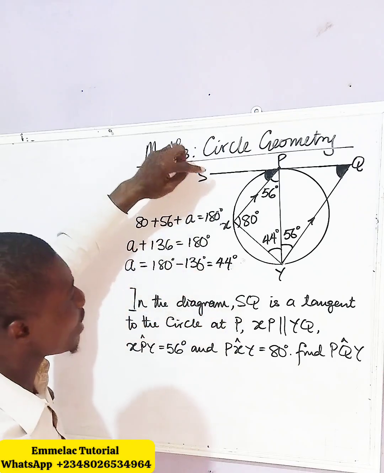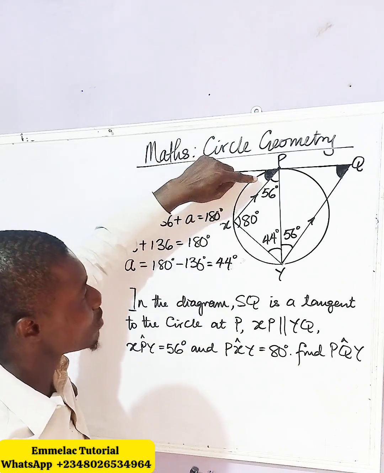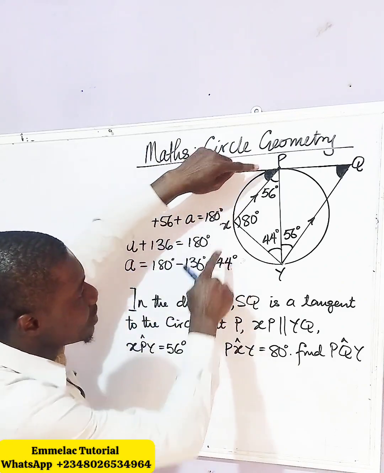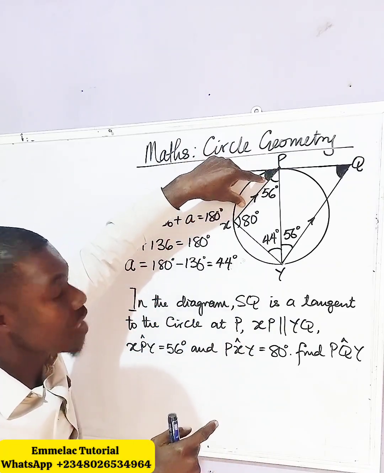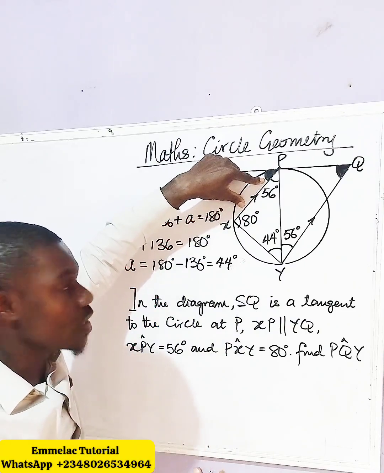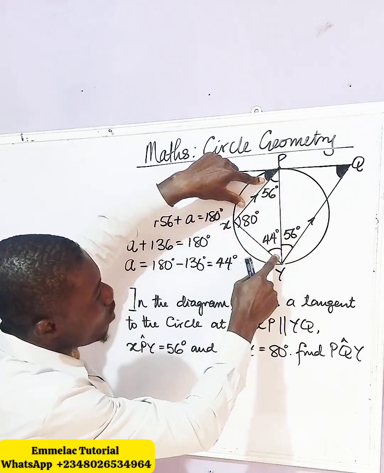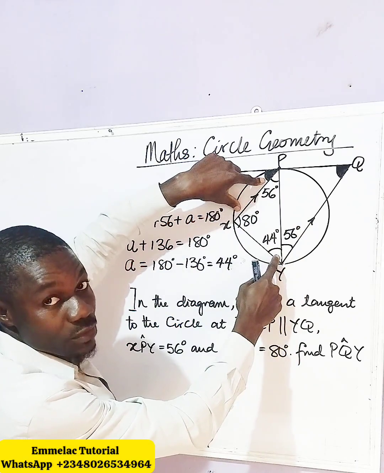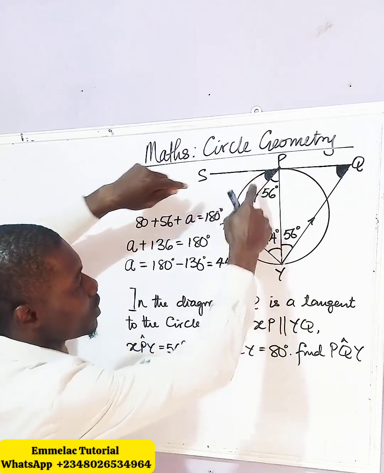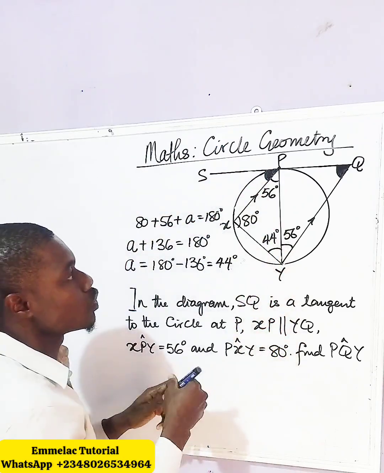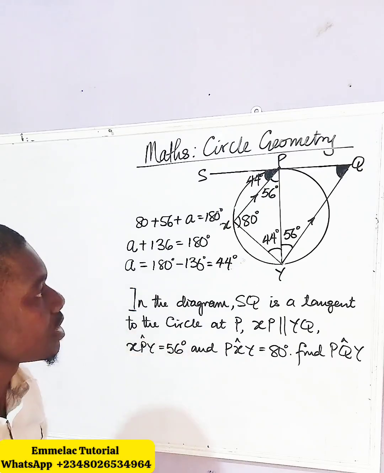What does that mean? This tangent forms an angle with the chord XP, and the angle subtended by this chord in the opposite segment is 44. So the angle formed here will also be 44 degrees.